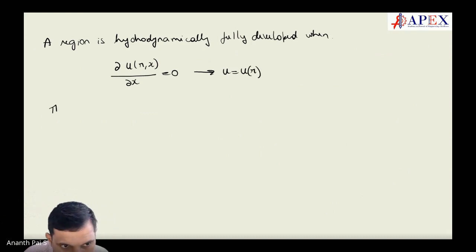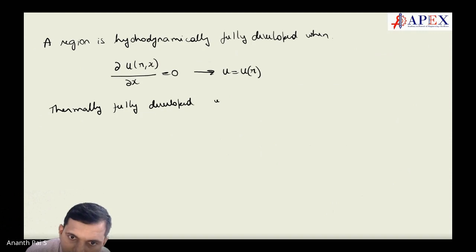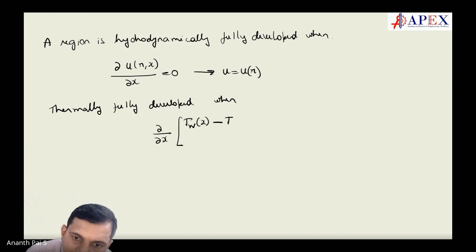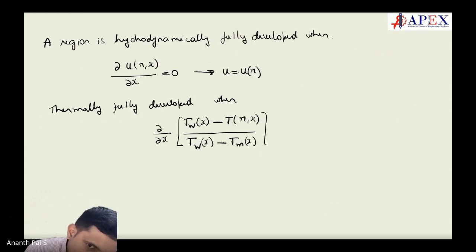And it is thermally fully developed when ∂/∂x of [(T_wall(x) − T(r,x)) / (T_wall(x) − T_mean(x))] = 0.